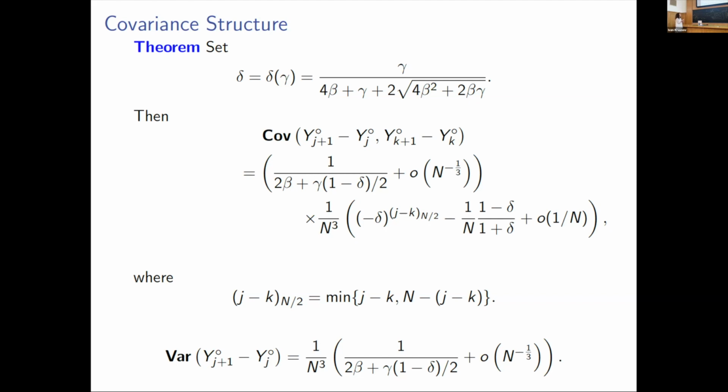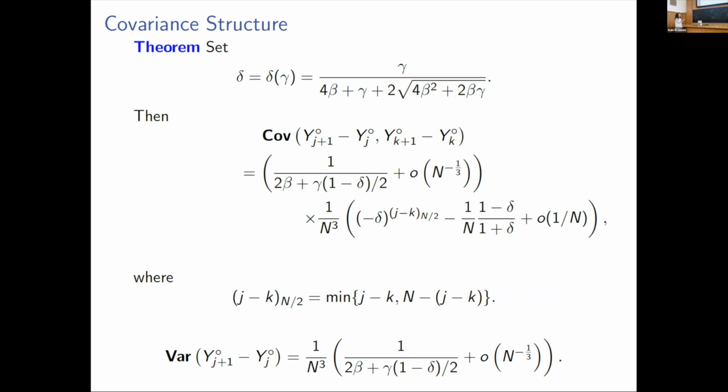Also observe that gamma is a parameter of the interaction with the secondary neighbors. When we don't have next order neighbors, this gamma is 0 and this whole delta is 0, and this part is 0, and we have only order 1 over n fourth.